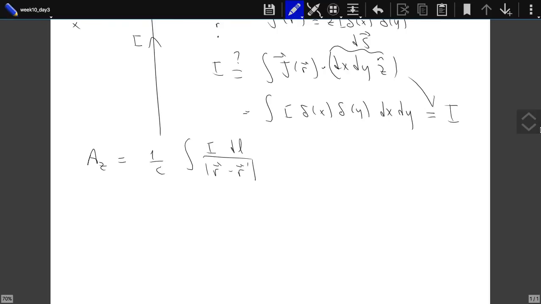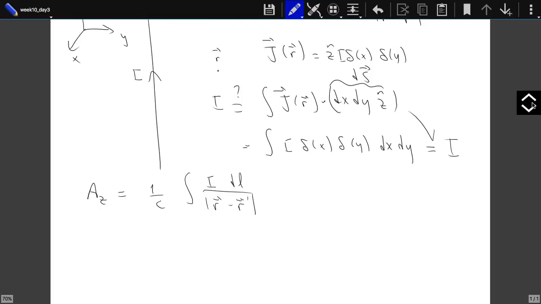Just for simplicity, let's assume that we have translational invariance. So this vector potential cannot depend on the z coordinate. It can depend on the x and y coordinates only. So for simplicity, we can assume that r is equal to x x-hat plus y y-hat. We can just look at a point on the xy plane.